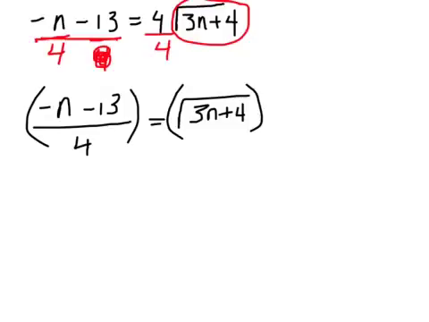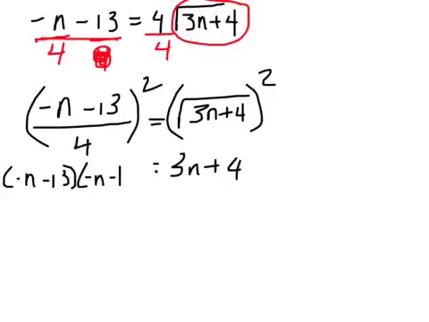If I square both sides, I get 3n plus 4, and on the top, this is negative n minus 13 times negative n minus 13, and on the bottom, 4 squared is 16, okay? Let's go ahead and multiply out what we have here. Negative n times negative n is n squared.